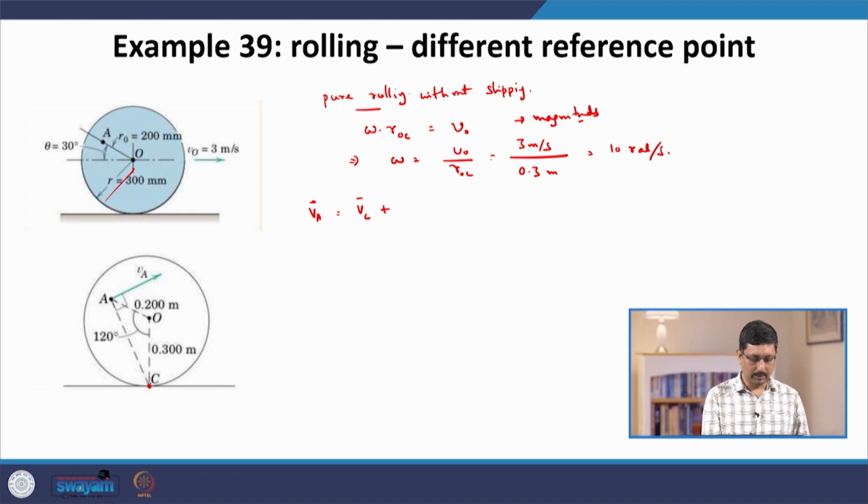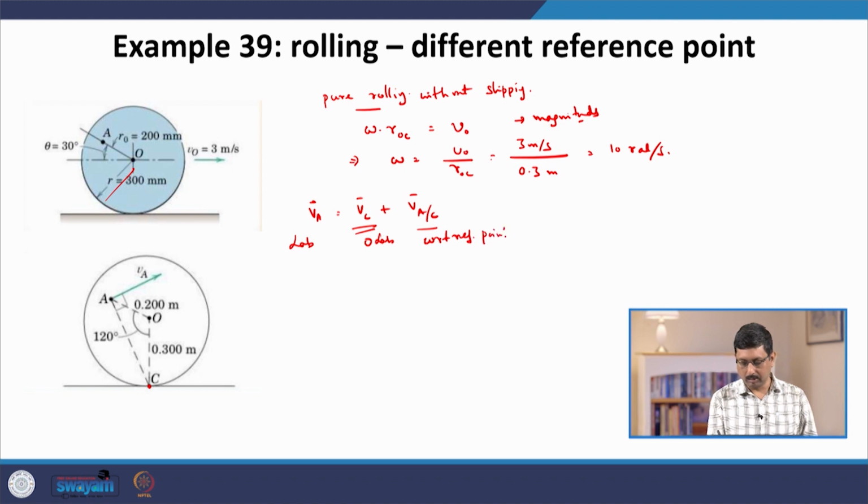So, the velocity of the reference point C plus the relative velocity of A with respect to C. Now, the velocity of C is 0 in the lab frame, and this is the relative velocity with respect to reference point C. If we analyze this problem with respect to C, it is just a pure rotation about C. So, A will move in a circle with radius AC.